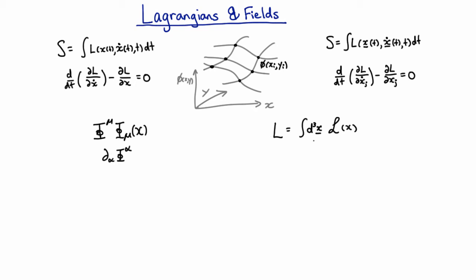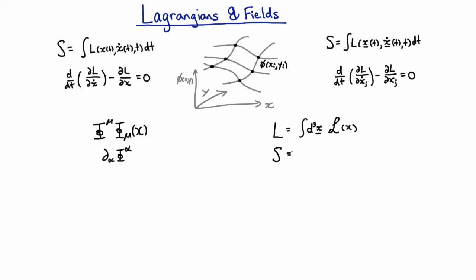Now you'll note that this is integrating over 3-space. And so that is clearly not Lorentz invariant either, because even though these kinds of things here are scalars, the volume element depends on whether you're in a particular reference frame. So therefore this Lagrangian is going to depend on what frame I'm in. However, the Lagrangian precisely is not the physical thing. The physical thing is the action, where we take the Lagrangian and integrate it over time.